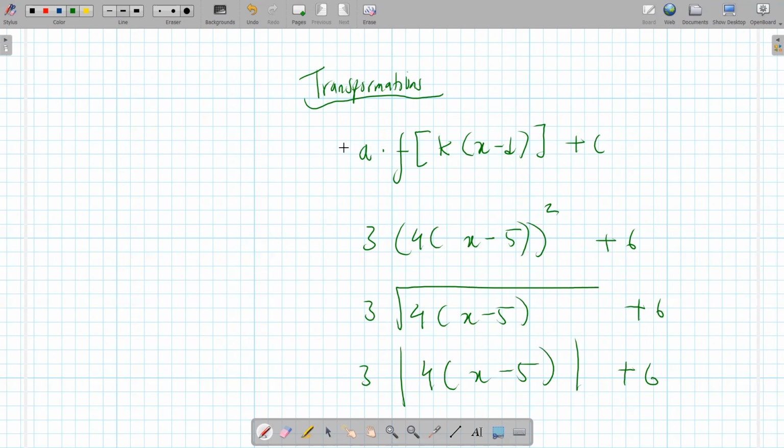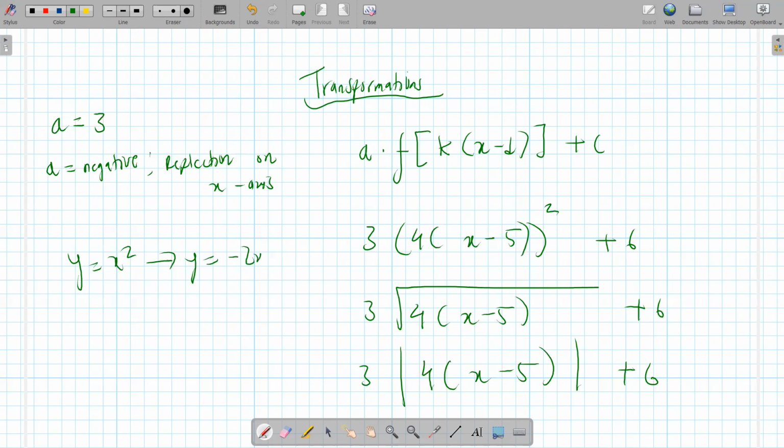So let's look at a. What's the a in all of these functions? 3, right? a is 3. Now, if a were to be negative, then in terms of transformations, that's a reflection on the x-axis. Like a quick example, y equals x squared goes to y equals -2x squared.